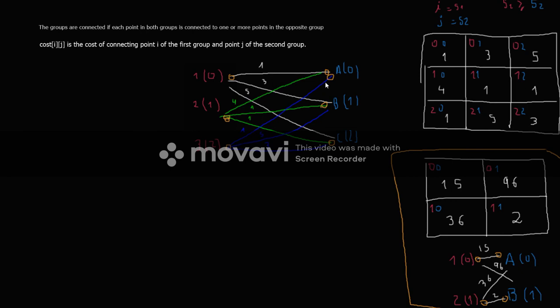So we have this connection here. So we have this node connected, this node connected, this node connected. But look, there is one node that is not connected, and it is this one. So as we are at the moment, the solution is not valid, and the minimum connection to this point is this one.